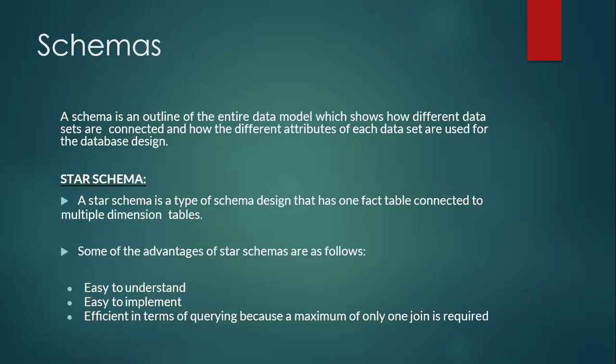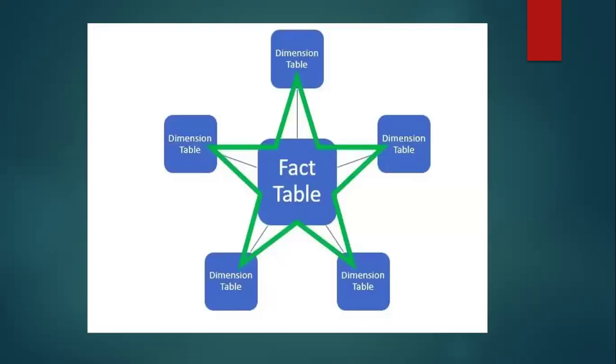Now the schema. A schema is just an outline of the entire data model, which shows how different data sets are connected and how the different attributes of each data set are used for database design. There are two types of schema design. The first one is the star schema, which contains a single fact table directly connected to multiple dimension tables.